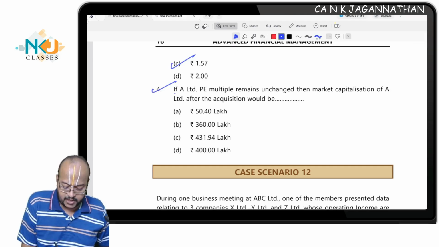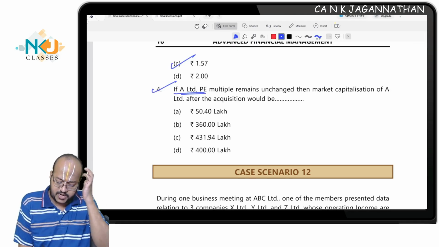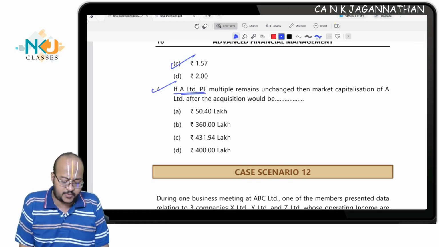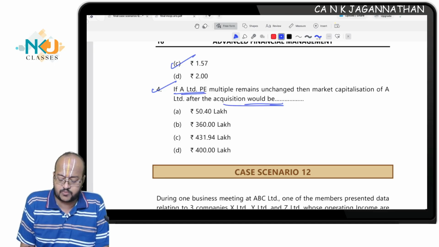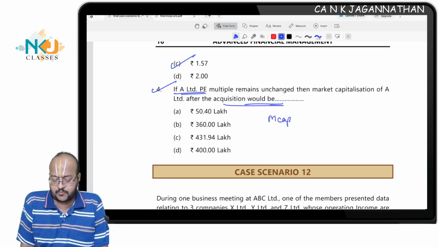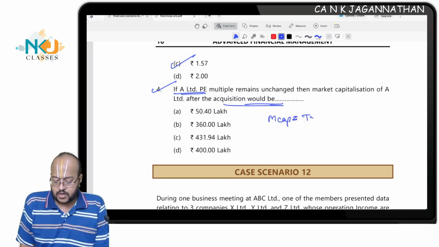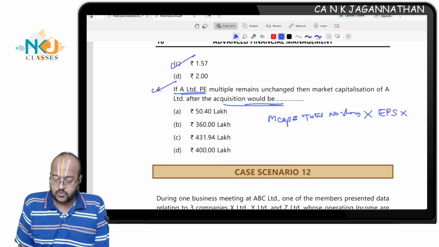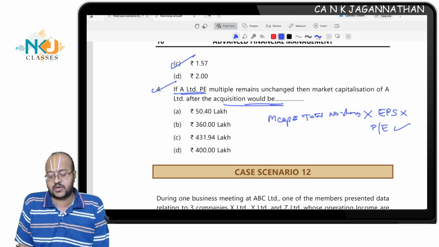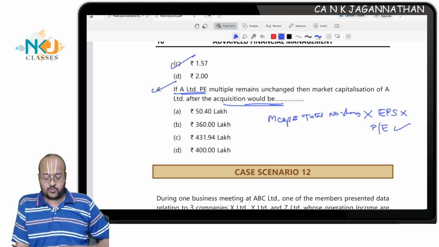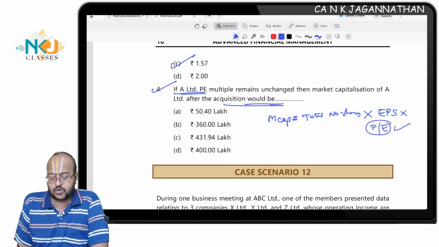Next, if A Limited's PE multiple remains unchanged, then market capitalization of A Limited after acquisition would be, see, market capitalization, MCAP. What is the formula? Total number of shares outstanding after merger, into post merger EPS, into PE ratio. Are you understanding why the PE ratio will remain unchanged? The market price may change, but the PE ratio will remain unchanged.